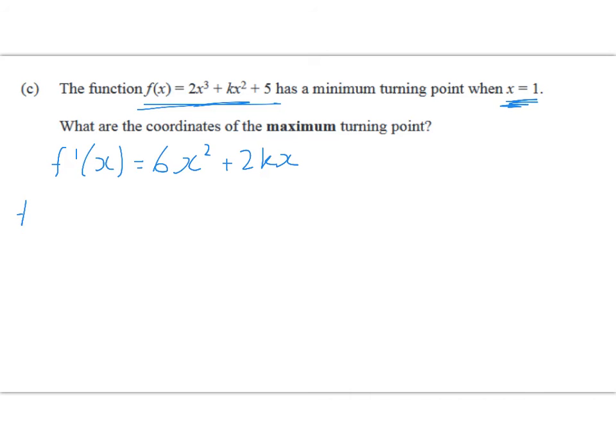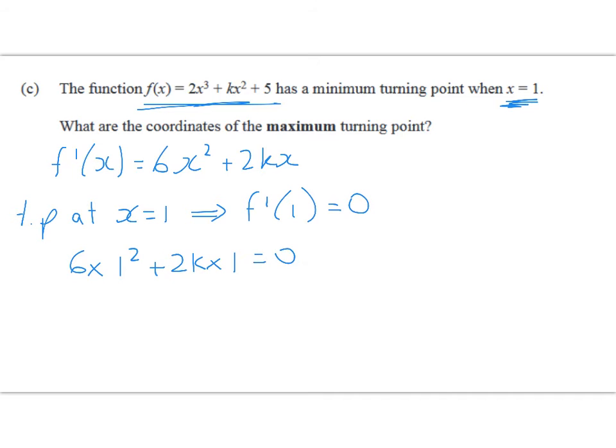And if it's got a turning point at x equals 1, that means that f dash of 1 is equal to 0, right? Because at a turning point the gradient is 0. So 6 times 1 squared plus 2k times 1 is equal to 0. 6 plus 2k equals 0. k is equal to negative 3.